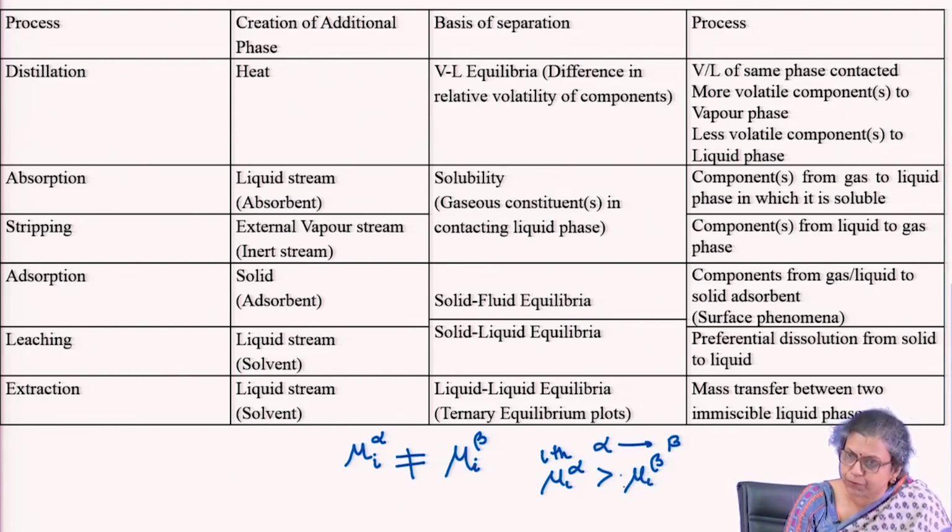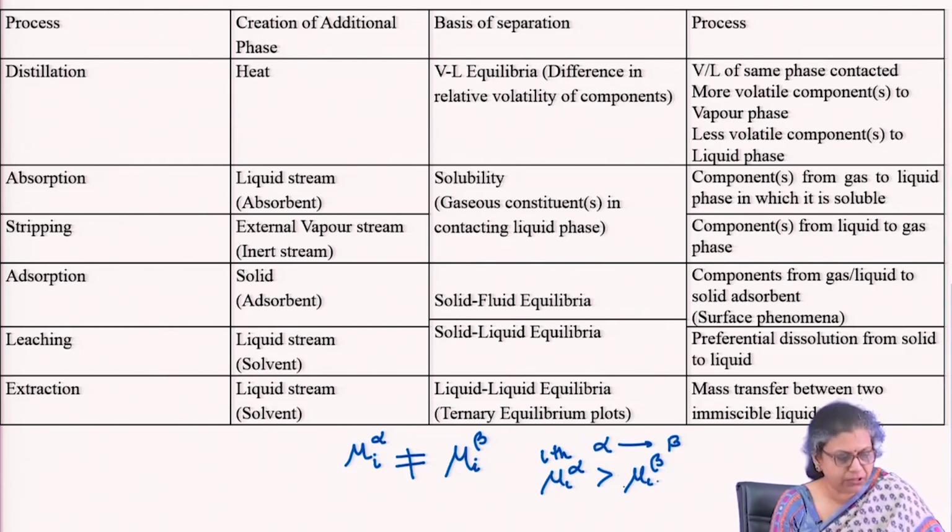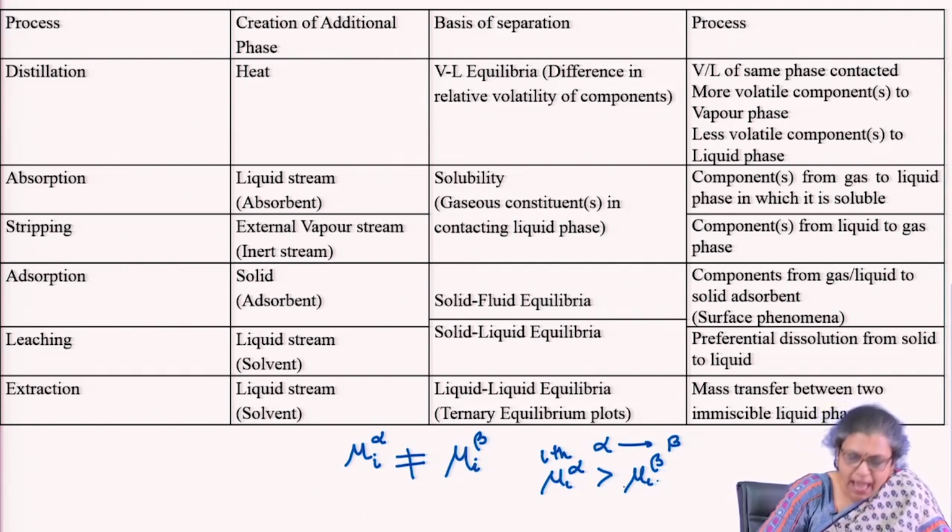And therefore, the composition of i corresponding to mu i alpha and the composition of i corresponding to mu i beta have to correspond to mu i alpha equal to mu i beta for the mass transfer to stop.